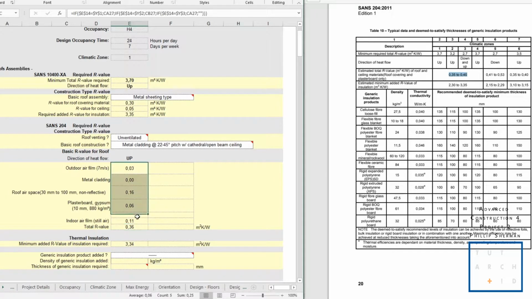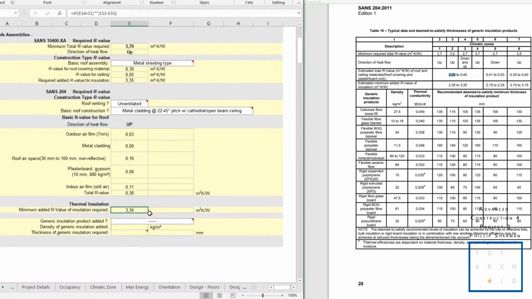This is what I meant that other materials make up an R value count. Now we have the remaining amount from 3.7 to 0.36. We still have a resistance that we need to achieve of 3.34. What material will we choose to give us a minimum for that amount?